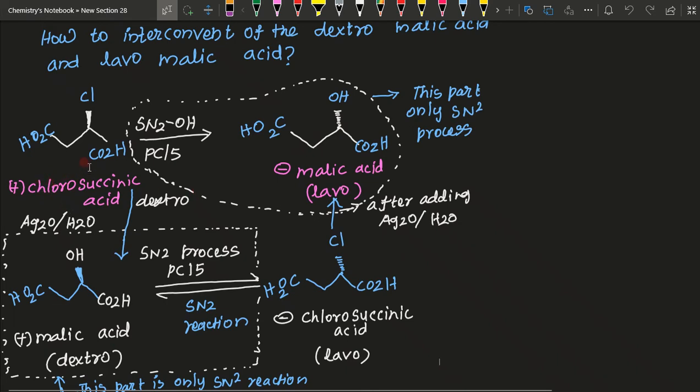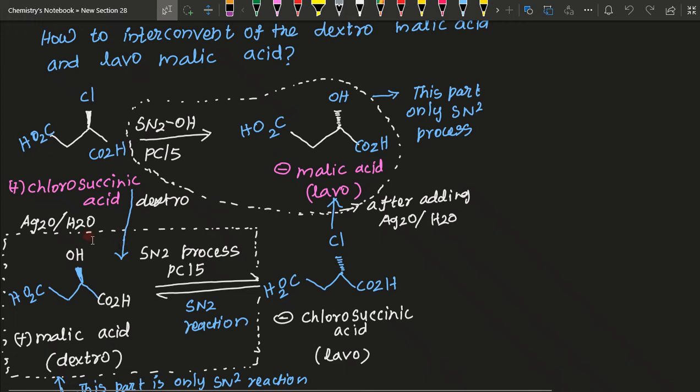This is chlorosuccinic acid. This is going to convert to malic acid when treated with SOCl2 and PCl5. This circle part is only the SN2 process.